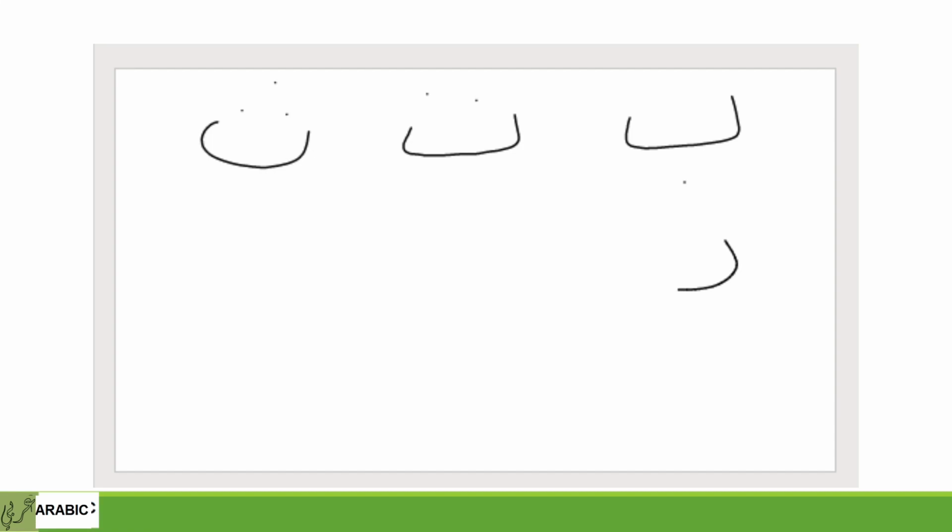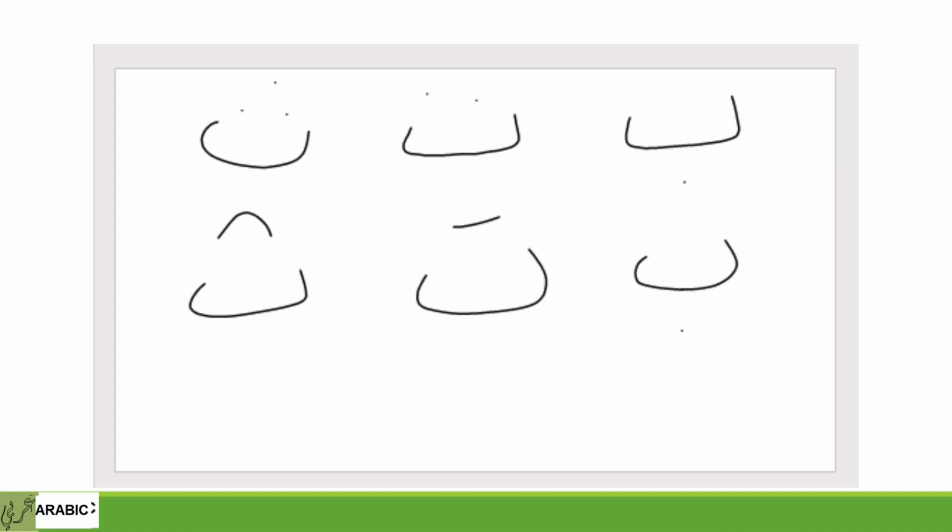So be, again, with a dot, te with two dots, or you can link the two dots together and make it like a short line on top of the te instead of the two dots. And then the the, you do the same and link the three dots.